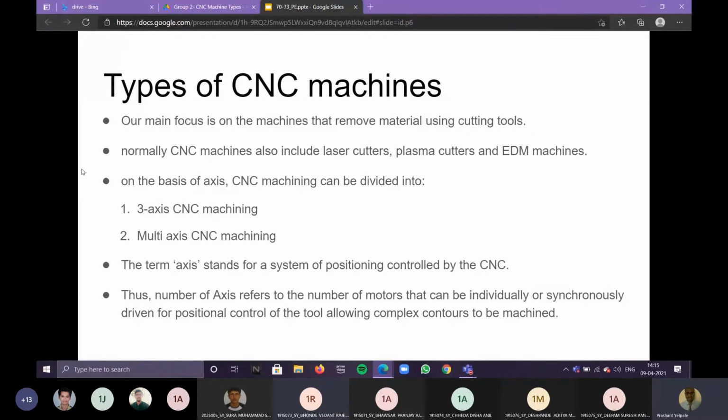Here we have divided CNC machines on the basis of the axis. The term axis stands for a system of positioning controlled by the CNC. Thus, the number of axes refers to the number of motors that can be individually driven for the positional control of the tool, allowing complex contours to be machined.